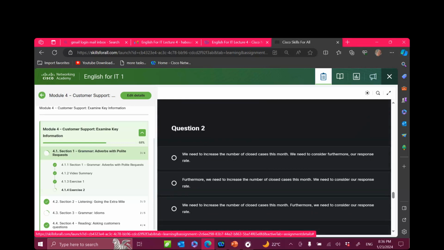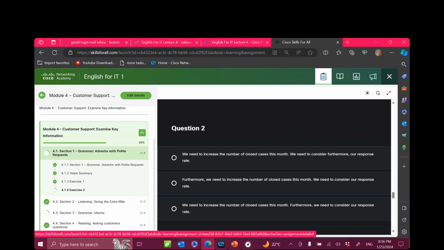We need to increase the number of closed cases this month. We need to consider furthermore our response rate. Or furthermore, we need to increase the number of closed cases this month. We need to consider our response rate.